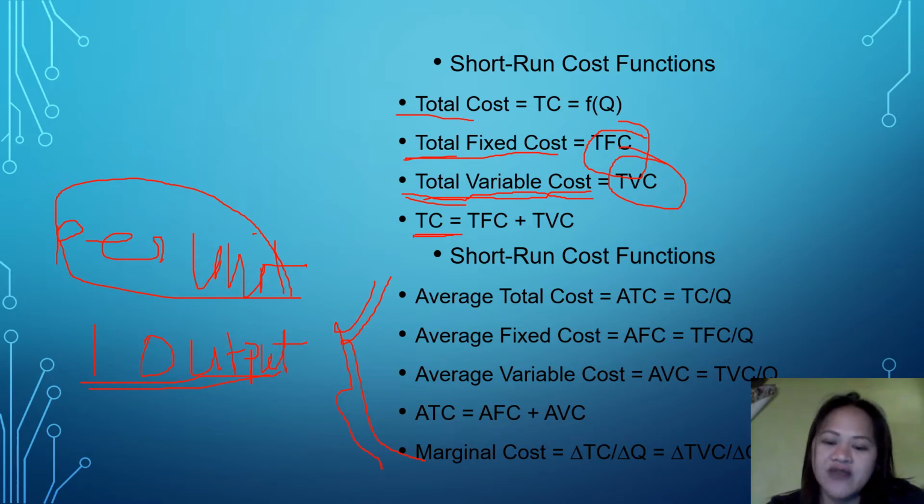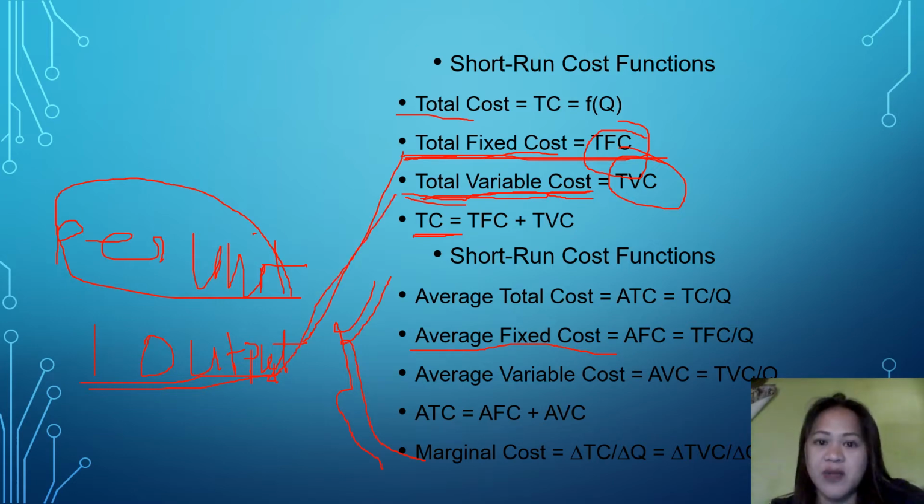While the average fixed cost is, out of the amount that we spend in the production that goes to the total fixed cost, how much was actually used for one output, and that is considered to be average. Same is true with the total variable cost. Out of the entire cost that we paid for the raw materials needed in the production, how much was actually spent for one output, and that is considered to be the average variable cost.